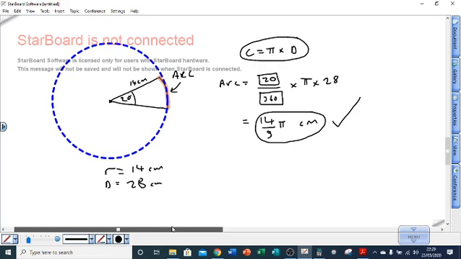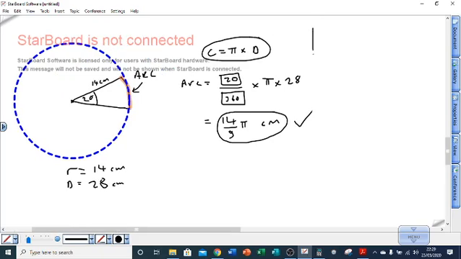Now you could work out the area. Okay, so that's arc length, and this is the area of the sector. Now area again uses this formula, A equals pi times radius squared, but that again is for a full circle.